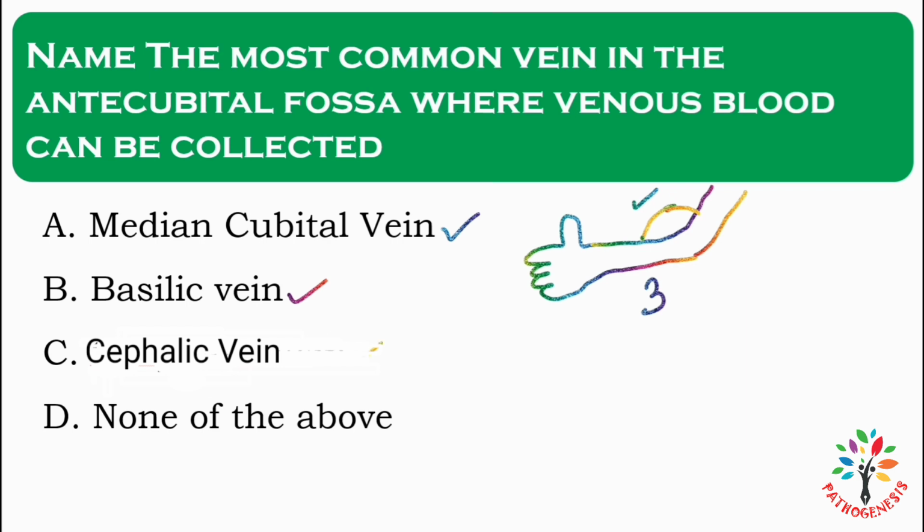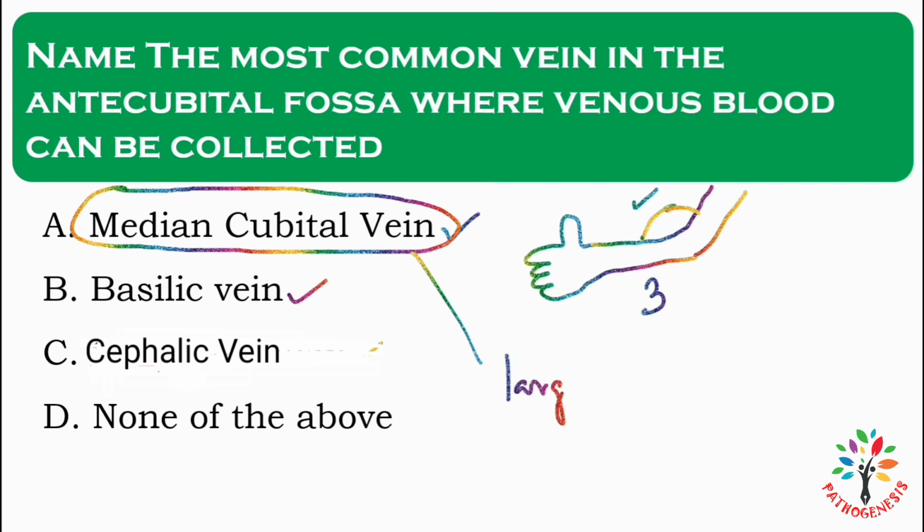Out of these three veins we can collect blood from all of them, no doubt, but which one is most commonly used? That is the median cubital vein, because it is slightly larger than the basilic and cephalic veins and is more stable.